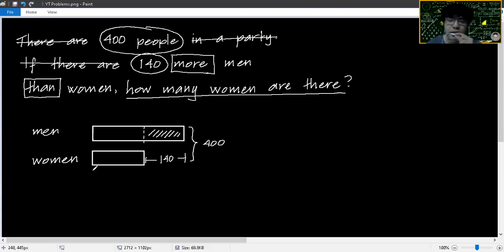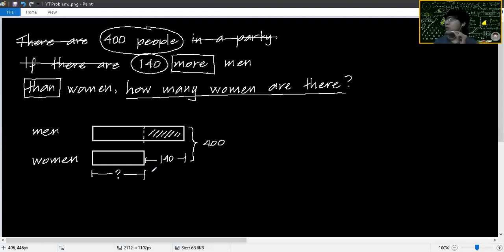So we have to use a question mark to represent the unknown. After you do this, illustrate the problem, label the quantities, and put a question mark to represent the unknown or what is being asked.